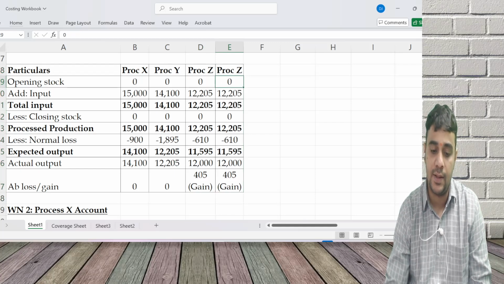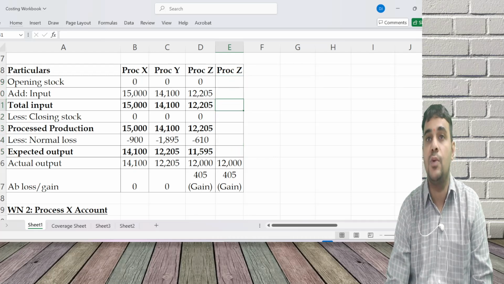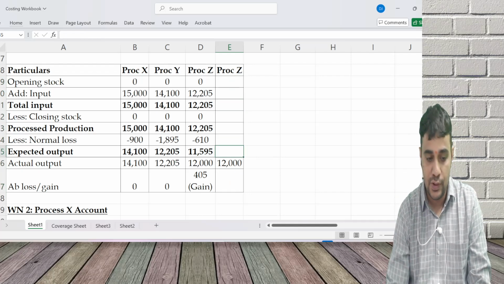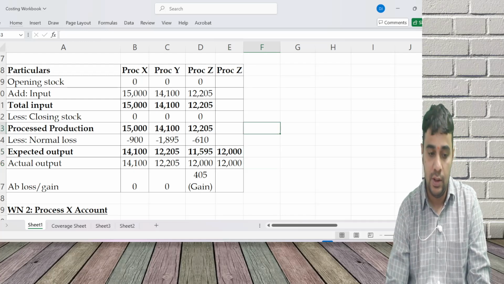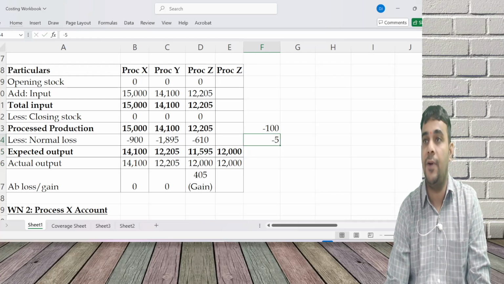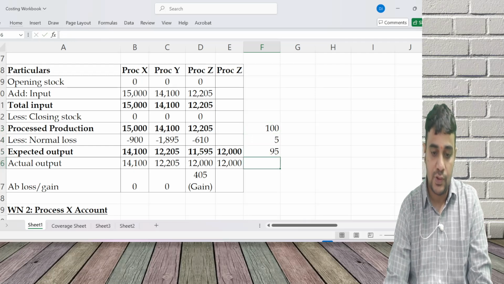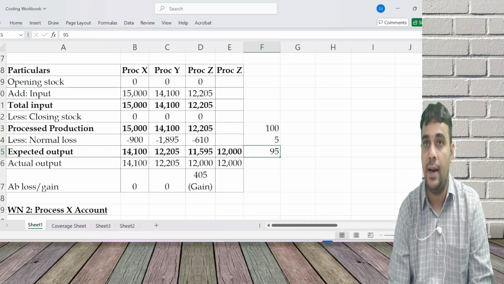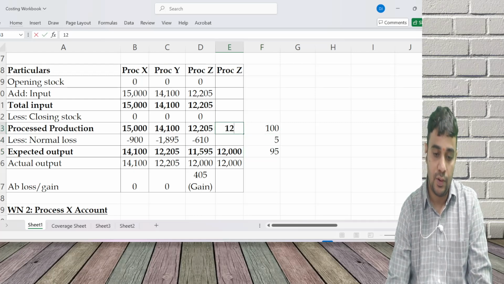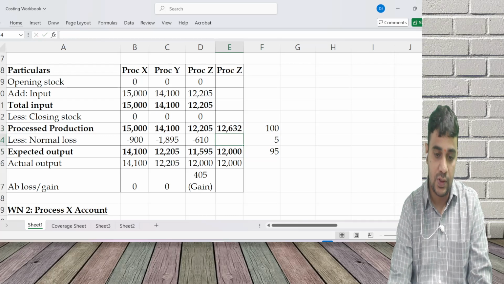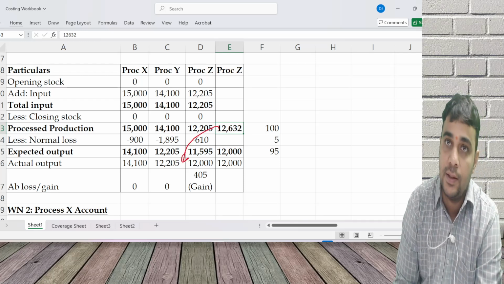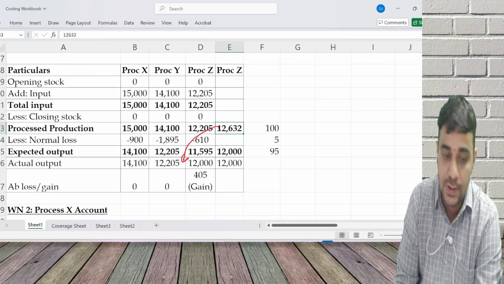I assume no abnormal loss and no abnormal gain, so 12,000 is the output. Output 95 corresponds to 12,000, so what should 100 be? It is 12,632.